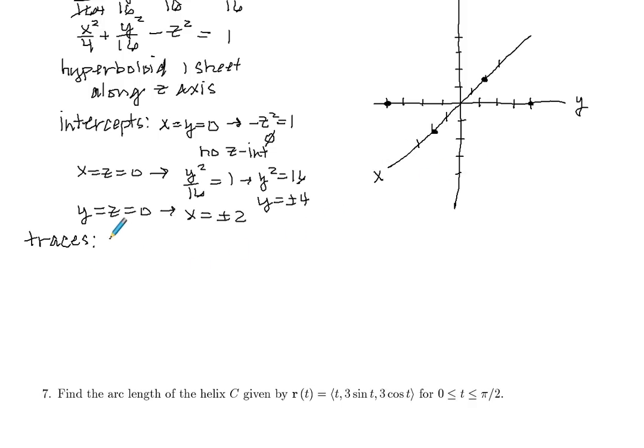So first let's take the trace z equals 0. If you plug z equals 0 up here, then you get x squared over 4 plus y squared over 16 equals 1, which is an ellipse.